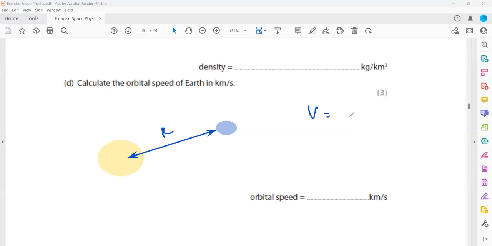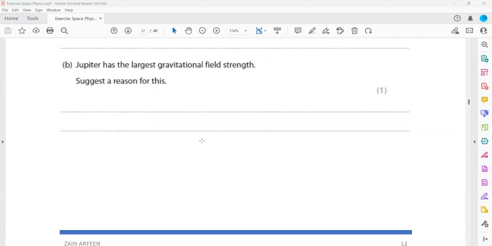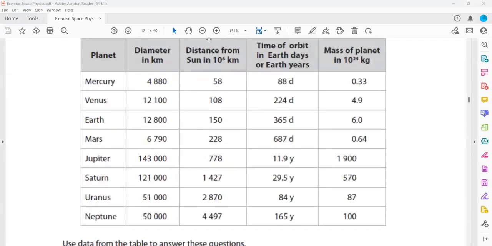So V is equal to 2 pi r divided by t. And time, because Earth is taking the total 365 days, we will convert it. So which information do we need? We need the distance from sun to Earth. That distance is actually the radius, because the distance between sun and Earth is the radius of this orbit, which is 115 to 10 power 6 kilometer.